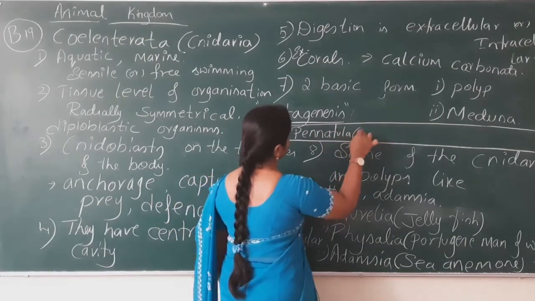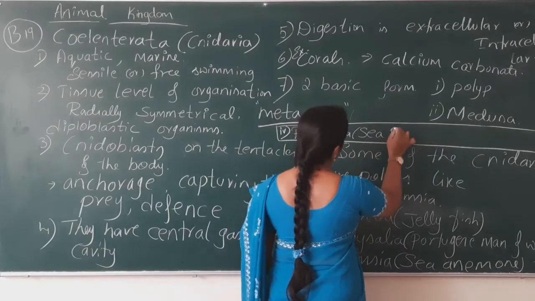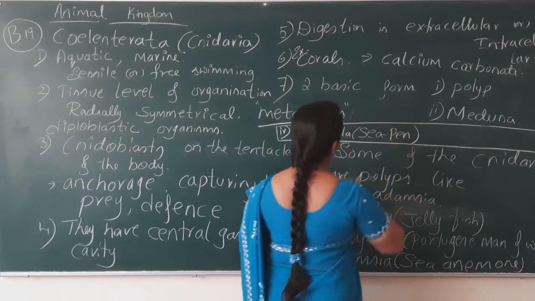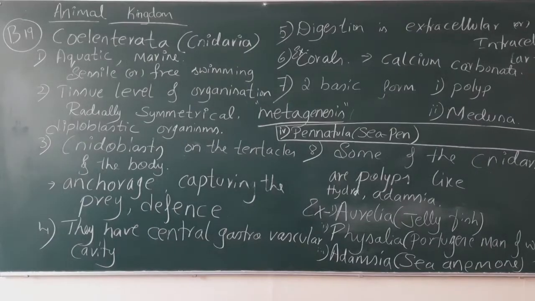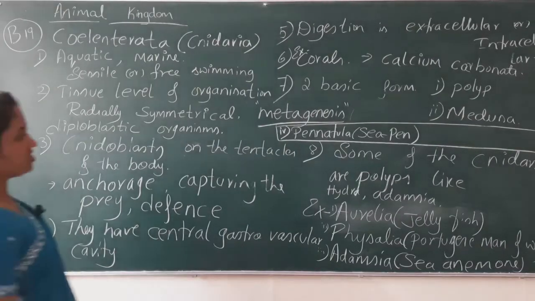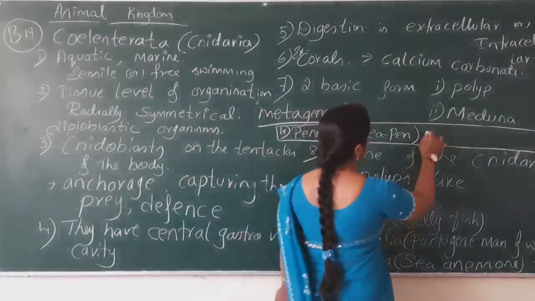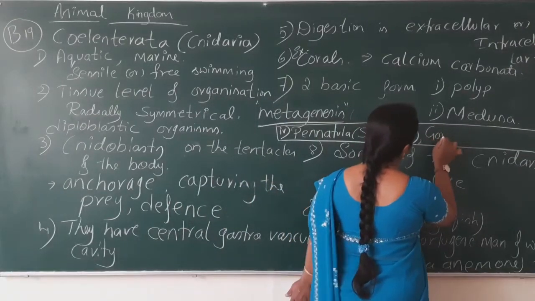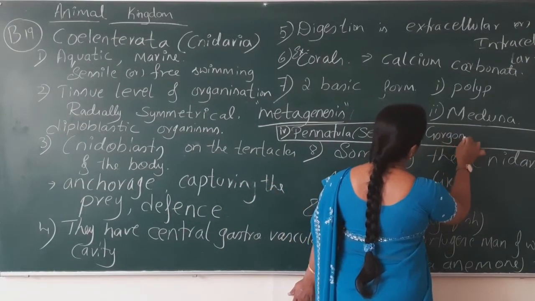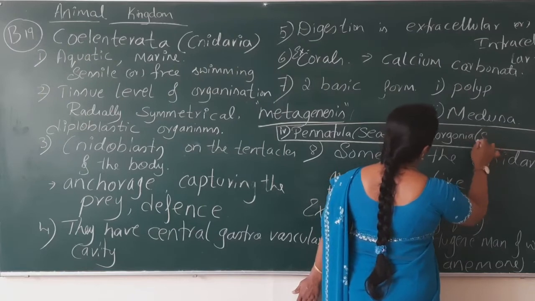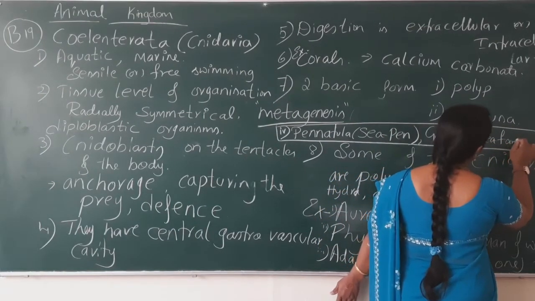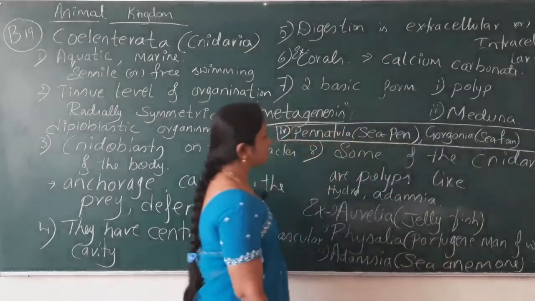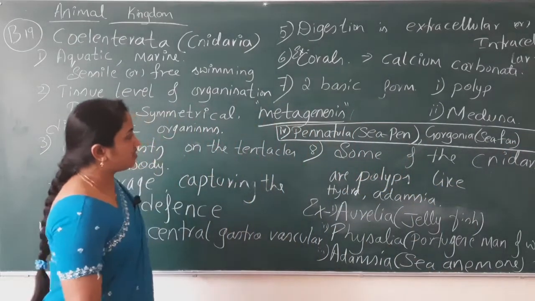Common name to this is sea pen, and next is Gorgonia. Common name of Gorgonia is sea fan. One more is there, Meandrina.